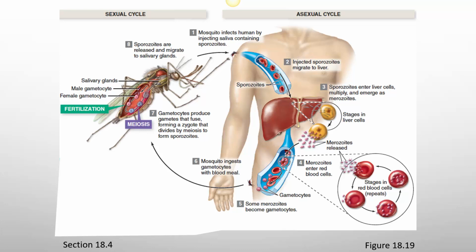The spleen is this organ that's kind of on the left side of the body and underneath the stomach a little bit, but that organ is designed to filter out any red blood cell that looks abnormal. So to prevent clearance from the body, the red blood cells become sticky and they stick to your blood vessel walls. They also start to form these things called rosettes, and rosettes means that the red blood cells are clumped together in these flower-shaped patterns.